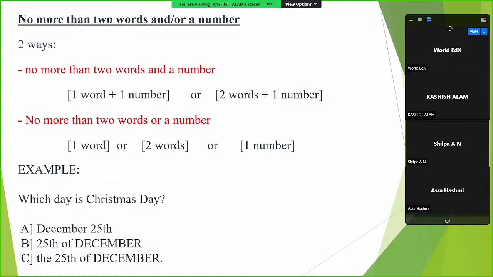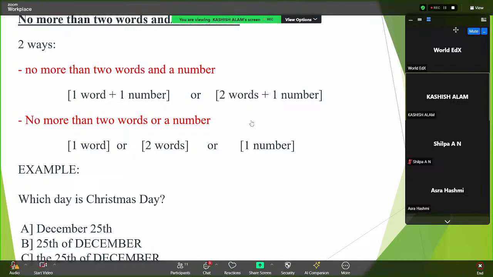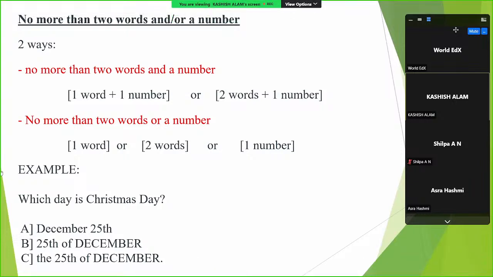Even if you're writing 25th of December, that means of and December are two words and 25th is counted as one number, which satisfies your criteria. On the other hand, if you write the C option, the 25th of December, there are three words: the, of, and December. So it surpasses the instruction limits, and hence the answer is this one.